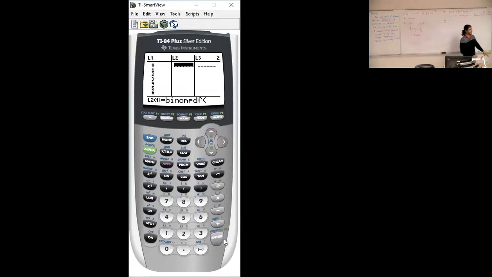The syntax is N, P, X. N in this case is 12. P is the null value for the proportion, 0.32. X is all the values in list 1. So second, 1. Close paren, enter.